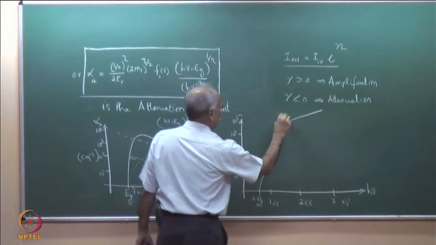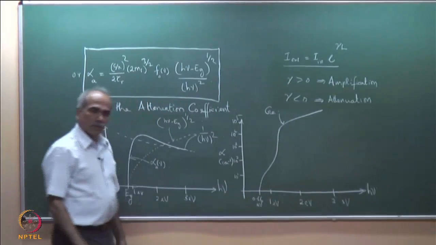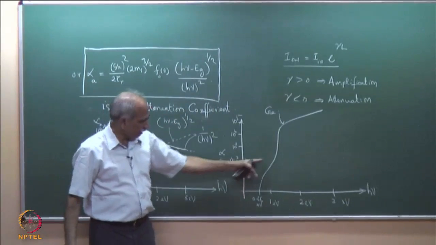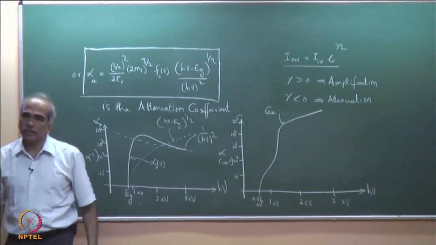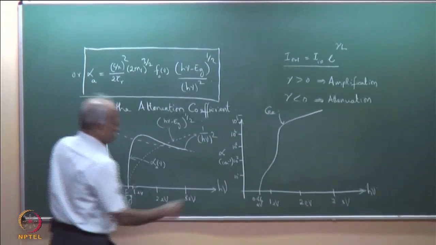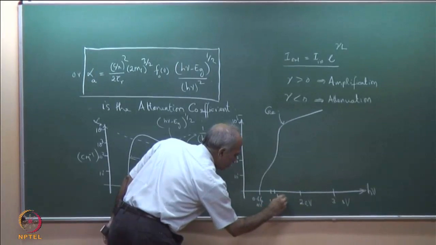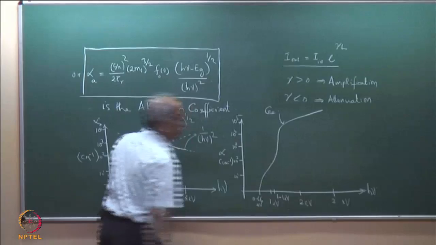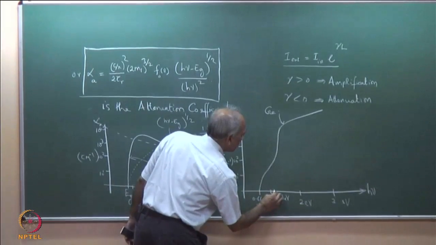If I start with germanium, this has a behavior, this is for germanium. It starts with Eg and it goes like this. We will discuss why it is behaving like this. If you take silicon, the next one, you know that silicon has a band gap of 1.1 eV and it does this.